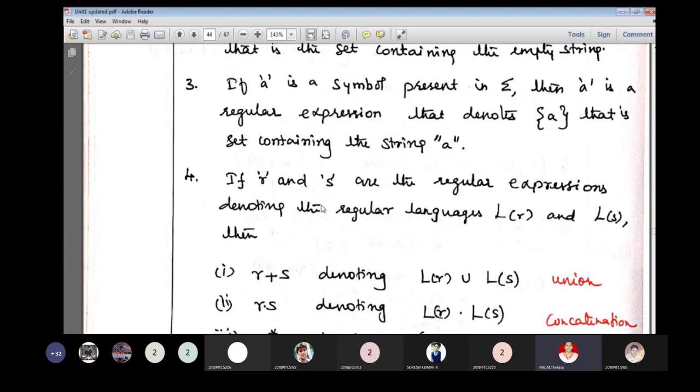Fourth, if R and S are regular expressions. Kindly make a note that we'll be using lowercase letters to represent regular expressions in general.